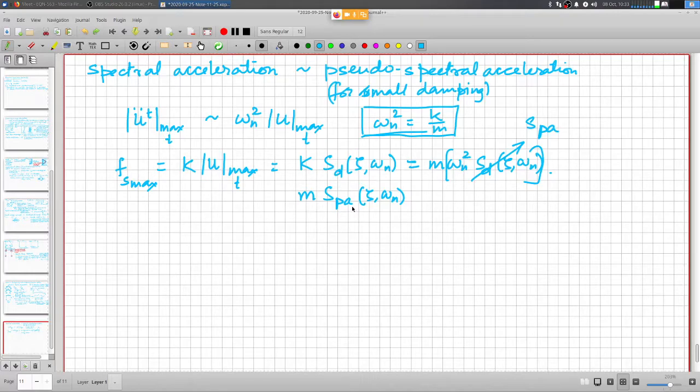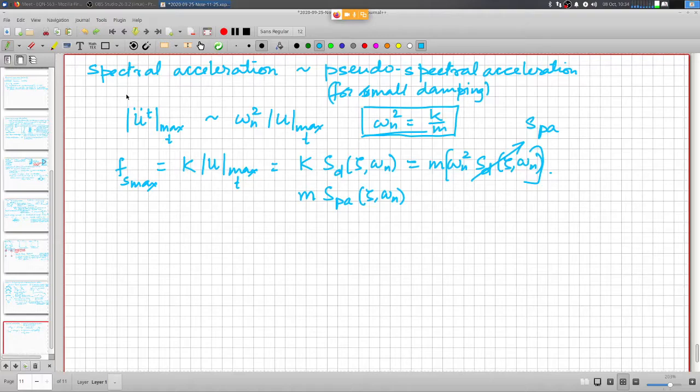So mass times pseudospectral acceleration is the same as the maximum force in the spring, and pseudospectral acceleration is almost equal to spectral acceleration for small values of damping, and they both coincide for zero damping.